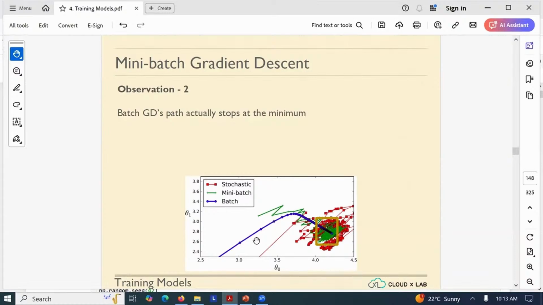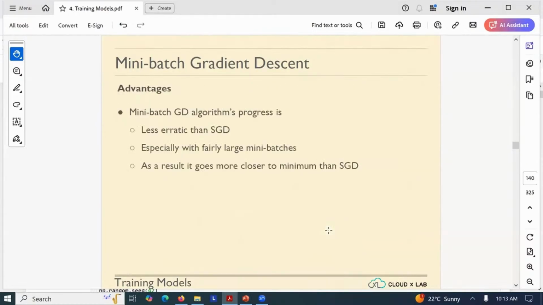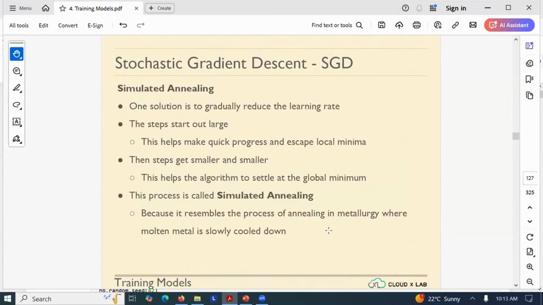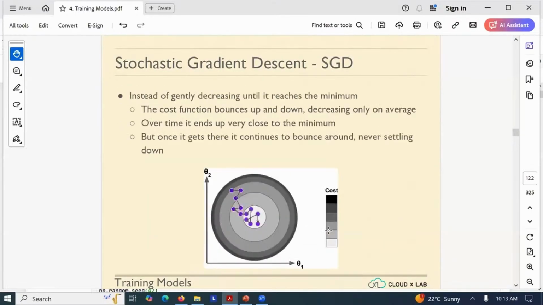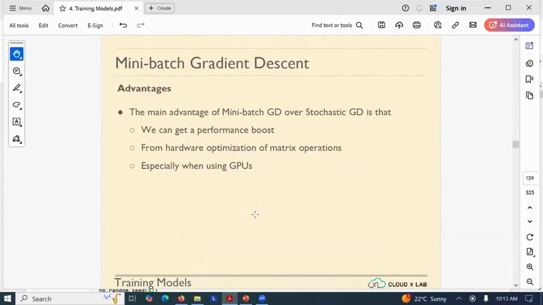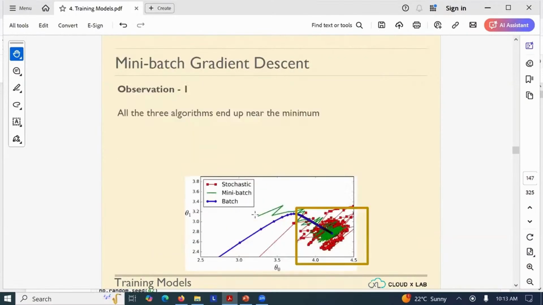But for stochastic gradient descent, since the gradient is noisy, even after reaching the optima position, you continue to bounce around the optima position, right? Because here the gradient is noisy.